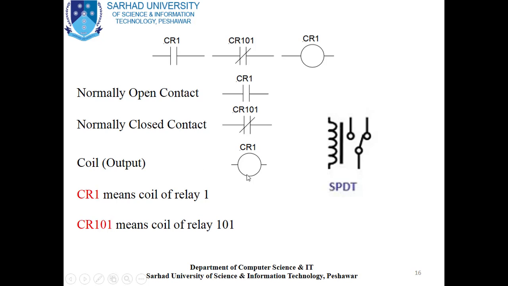This symbol can be used for output, and this symbol is called coil, and coil is the heart of relay. Here you can see the coil, which is also called indicator.